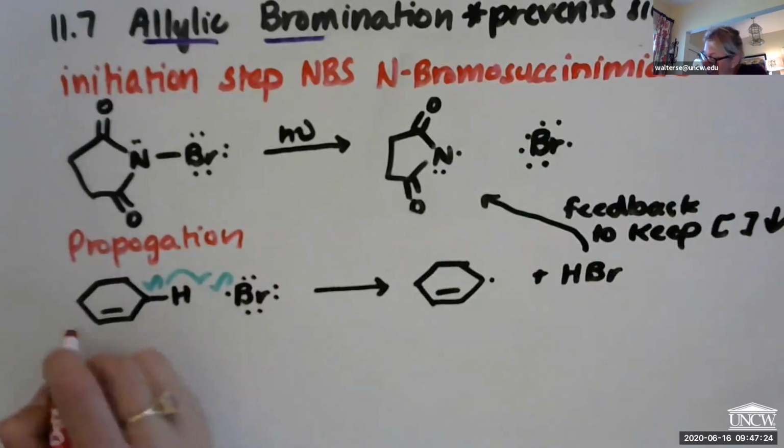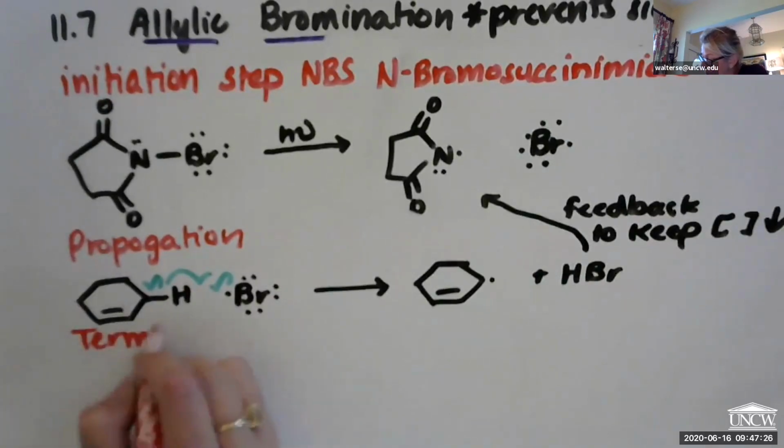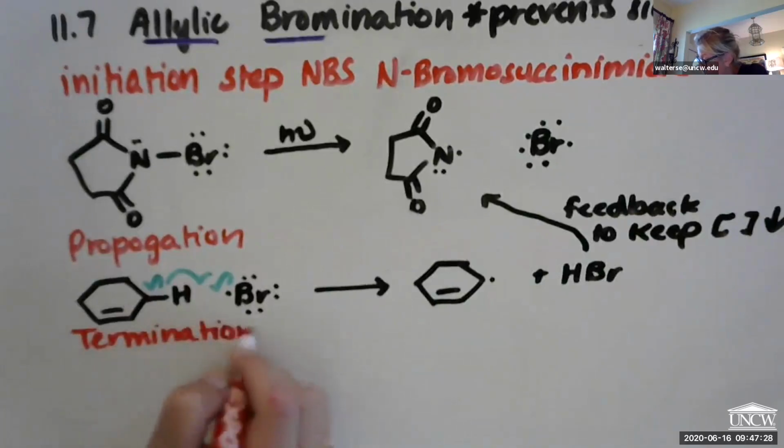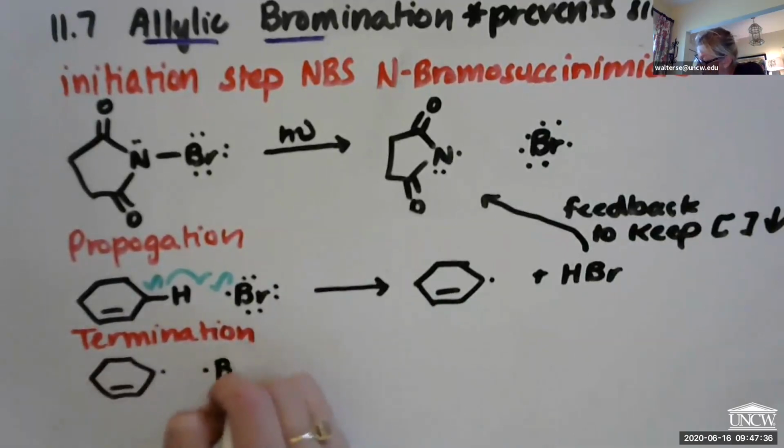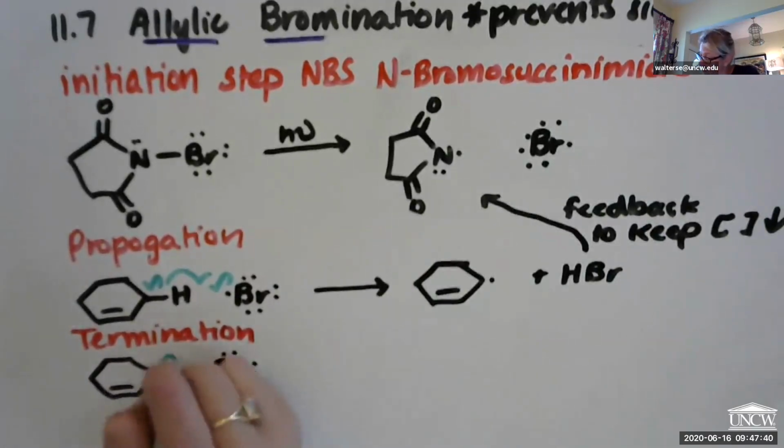So then the termination step that's important is when the allylic radical finds another bromine radical.